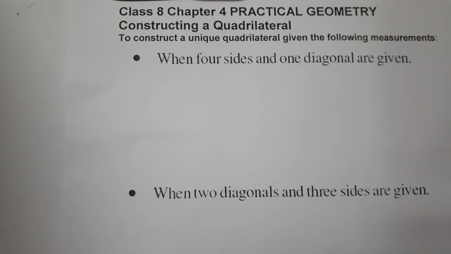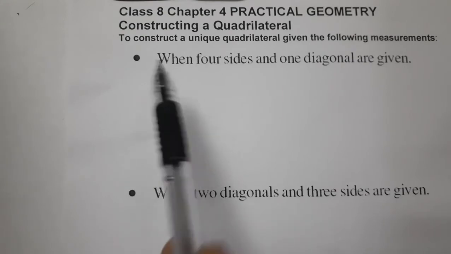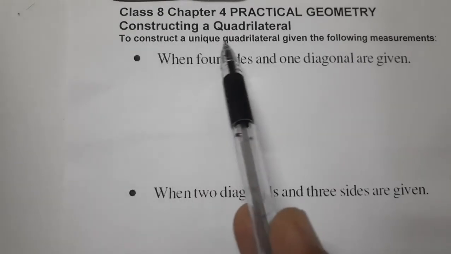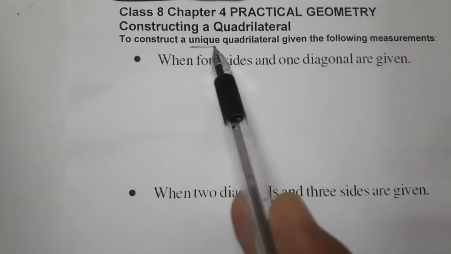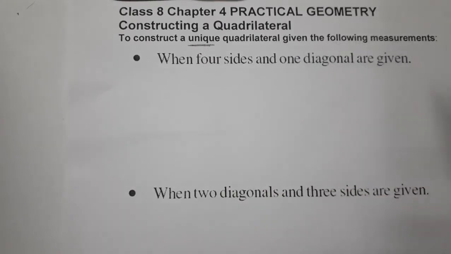So for construction of quadrilaterals, different conditions are given to us. See children, to construct a unique quadrilateral, the following measurements are given.